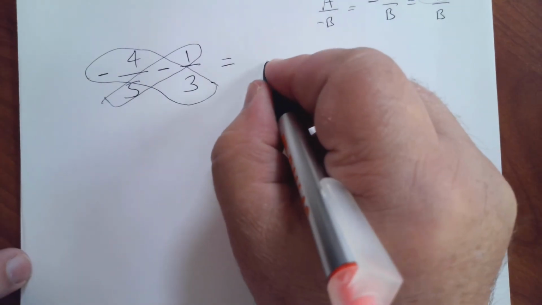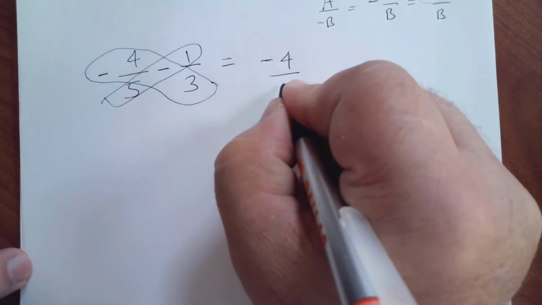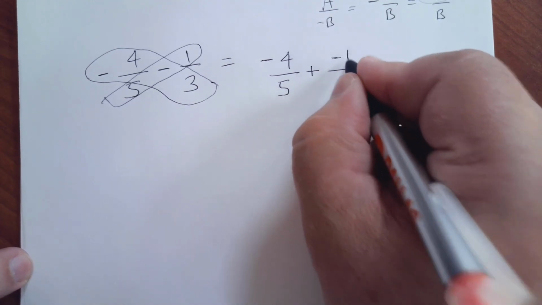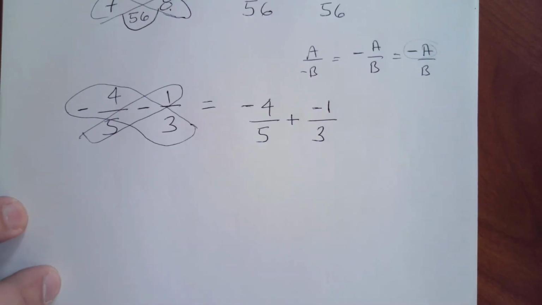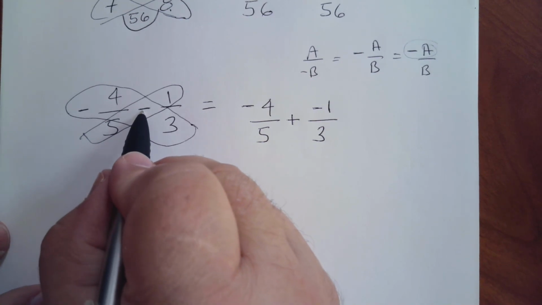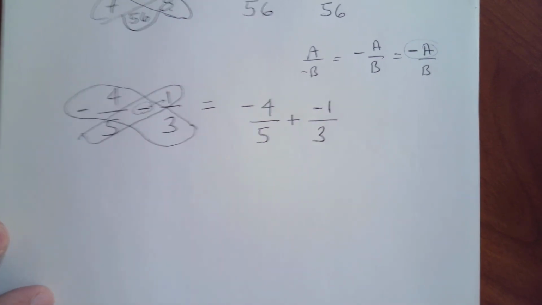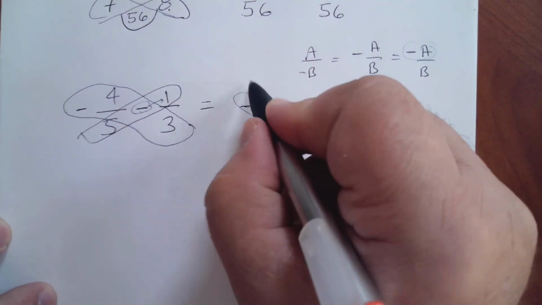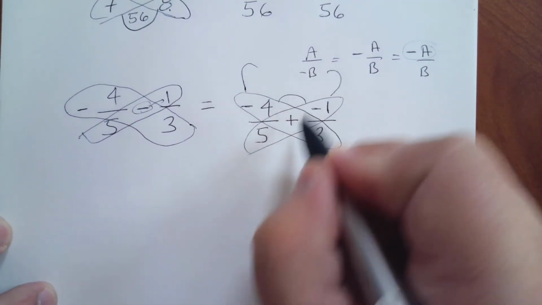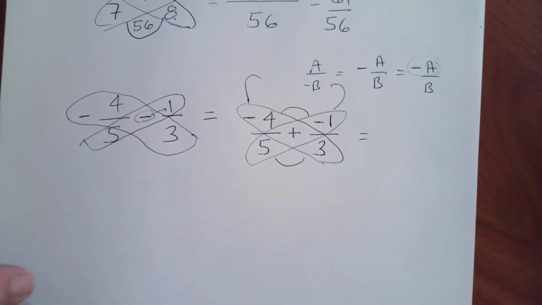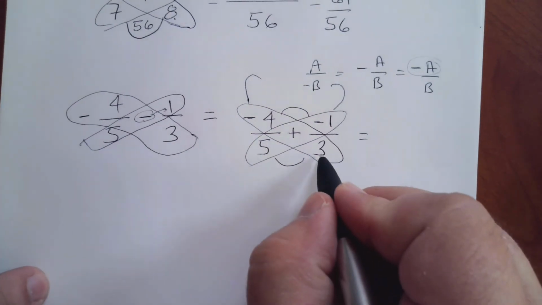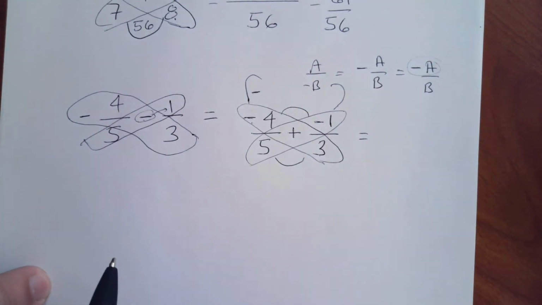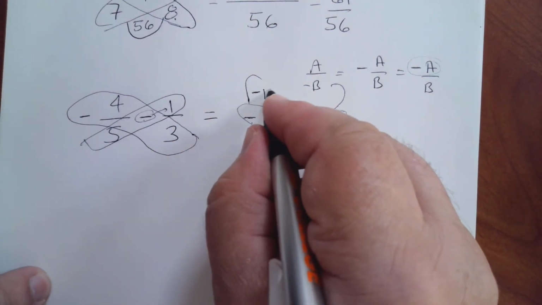Which is why in this one, we change that to a plus, put the negative on the top. So if you have a negative between there, that negative goes to the top number and it becomes a plus. Because now we can do our butterfly. Positive times negative is negative. 3 times 4 is 12.